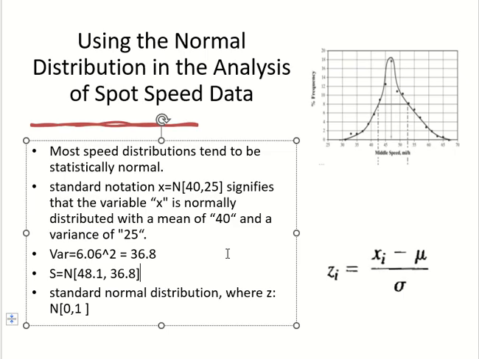Having a standard normal distribution will make my life easier. But the problem is, can speed data have a standard normal distribution? Normal it can have, it should have. But can it be standard normal? Why not? The mean is 0.